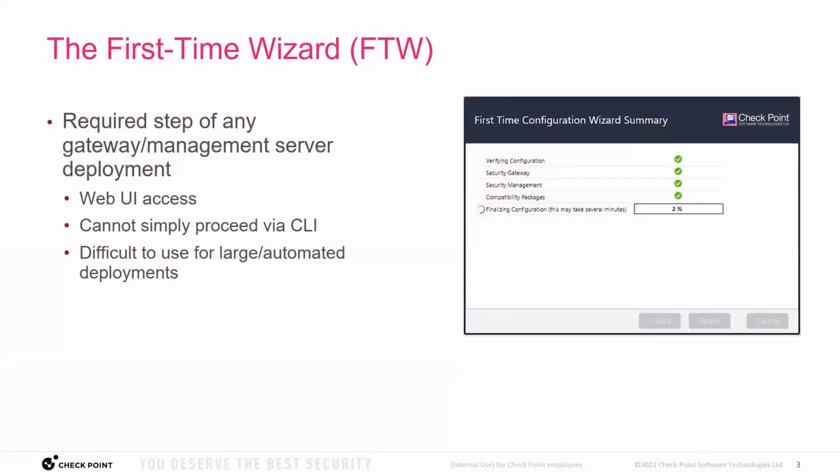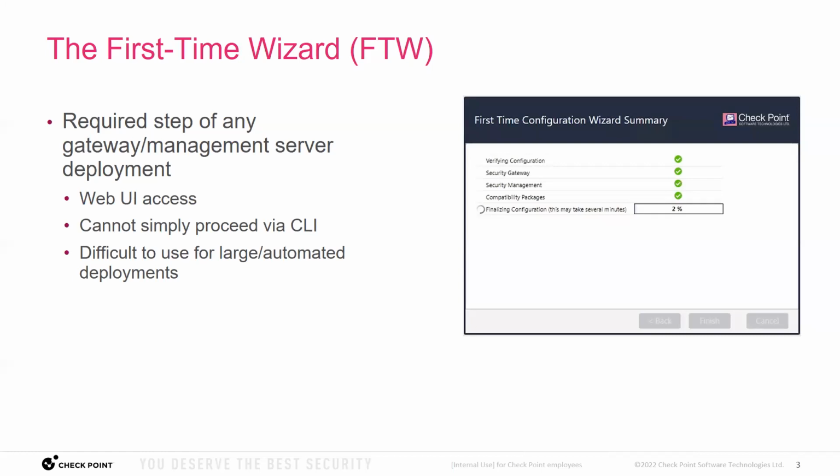So the first-time config wizard rather, is something that you're probably familiar with if you've spent any time at all around Check Point products. It's a necessary part of any hardware or software-based virtualized deployment. As soon as you get a gateway out of the box, you power it up, you connect it to the network.